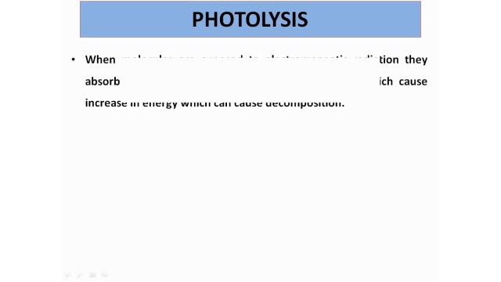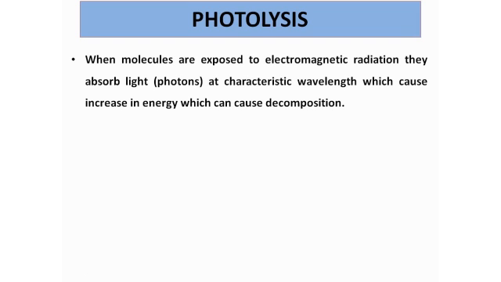The next type of degradation is photolysis. The name itself says it: photo means light, lysis means degradation or breaking. So it is the breakage of a compound with the help of light. When a molecule is exposed to electromagnetic radiation, which means light, it absorbs photons, that is energy, at a characteristic wavelength.